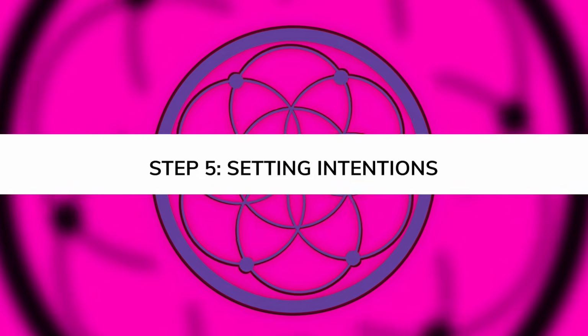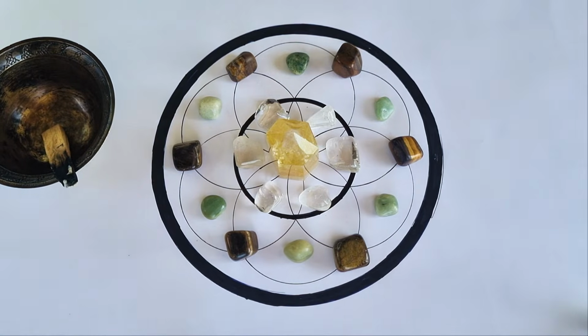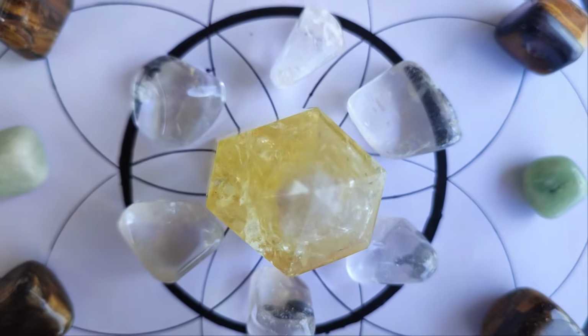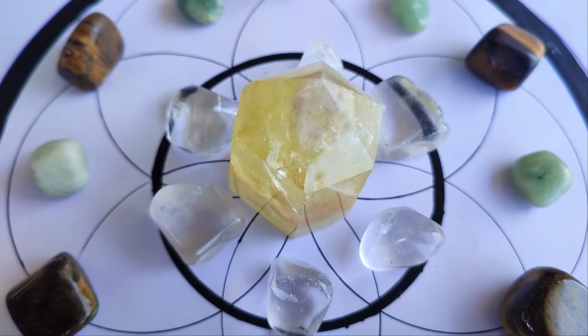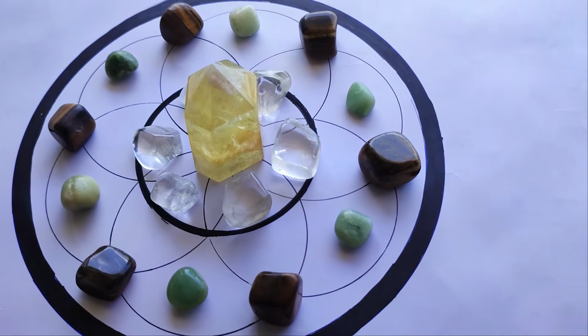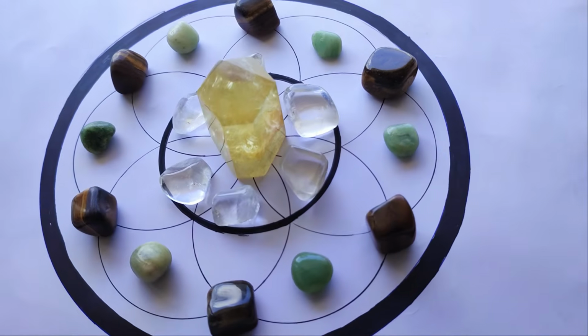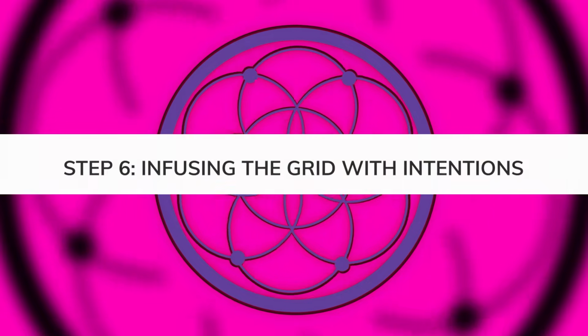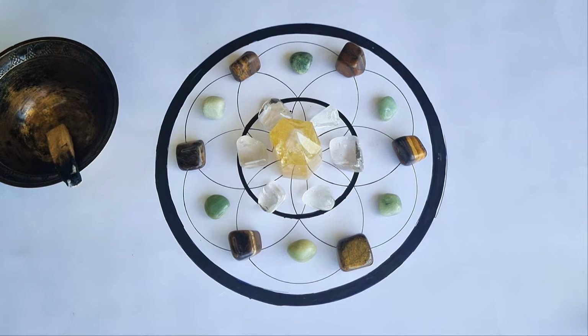Step 5. Setting intentions. Close your eyes and take a few deep breaths to center yourself. Visualize a specific intention you wish to manifest, whether it's abundance, prosperity, success, or any other goal. Step 6. Infusing the grid with intentions.